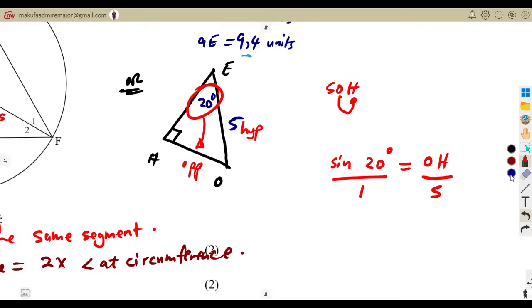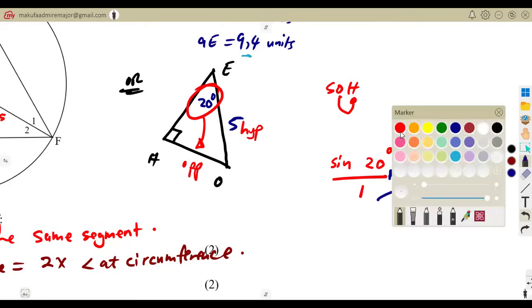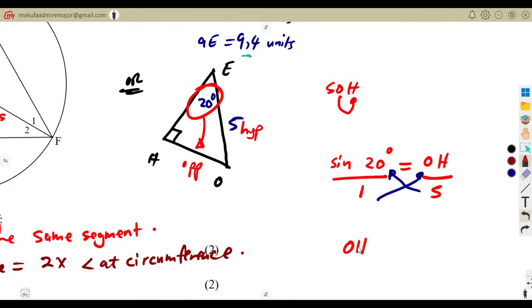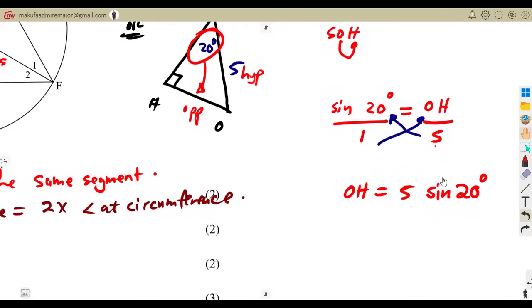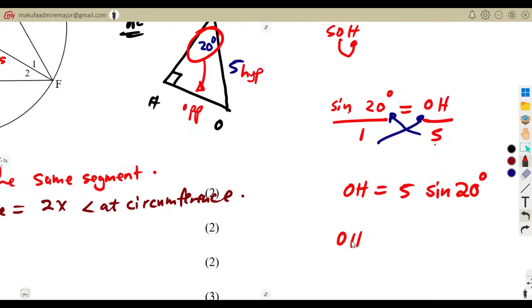All right, this is over 1. So simply cross multiply. That's 1 times OH, which is OH is equal to 5 times sine 20 degrees. So that was going to be another way of determining OH.